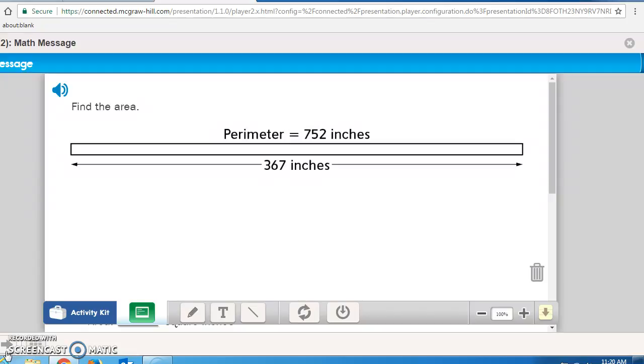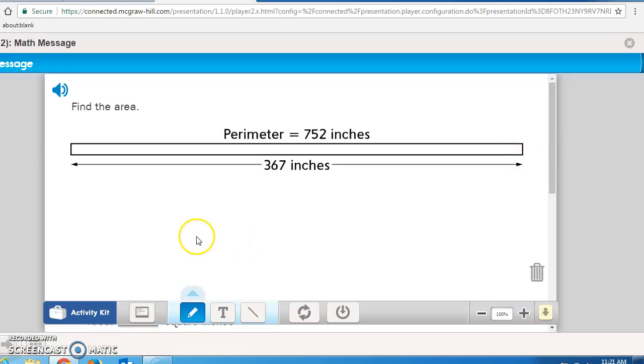Finding the area. Remember, area is not adding. Area is multiplying. If the perimeter equals 752 and this side is 367, how could I find out what the side measurements are?